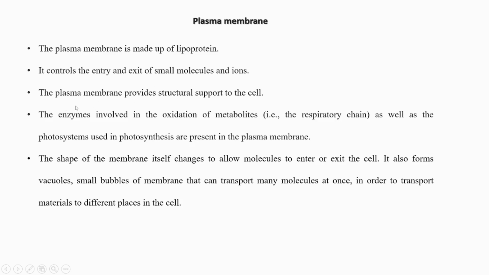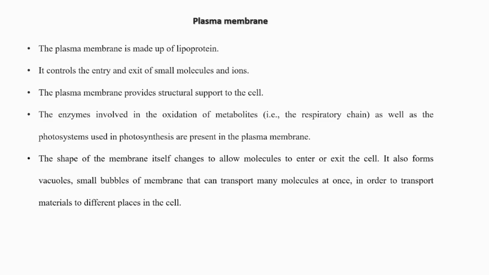Along with this, it also adds structural support to the cell, and it is a site where major enzyme activity takes place, especially the respiratory chain reaction, as there is no mitochondria. All the functions of mitochondria in the prokaryotic cell are carried out at the plasma membrane.